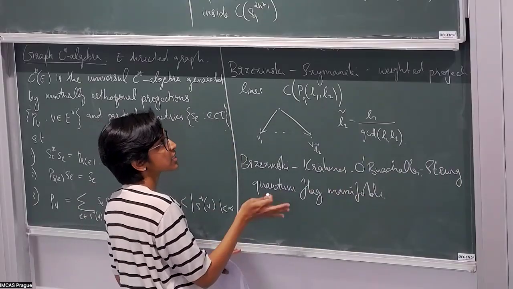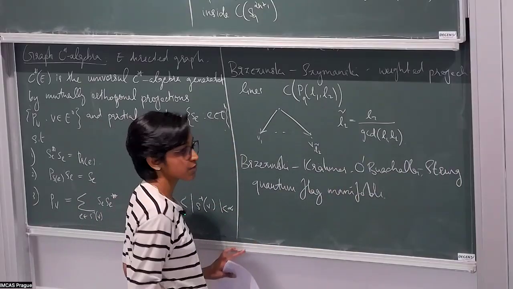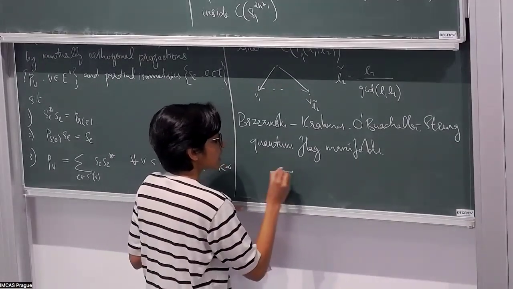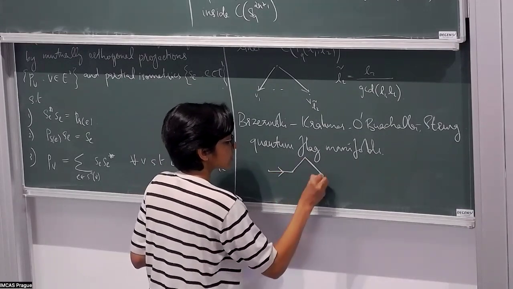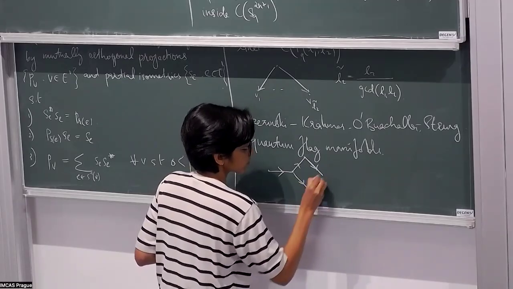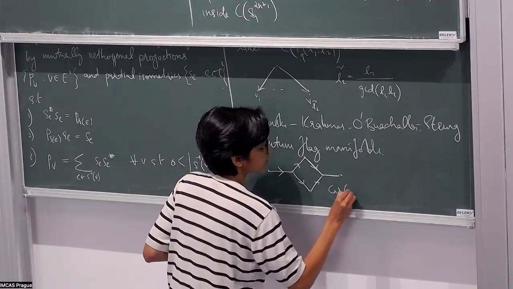You can think of it as a class that contains Grassmannians and projective spaces and Wolfrags. I'm not going to explain what this is, but just to give an example, this is the Grassmannian 4-2.